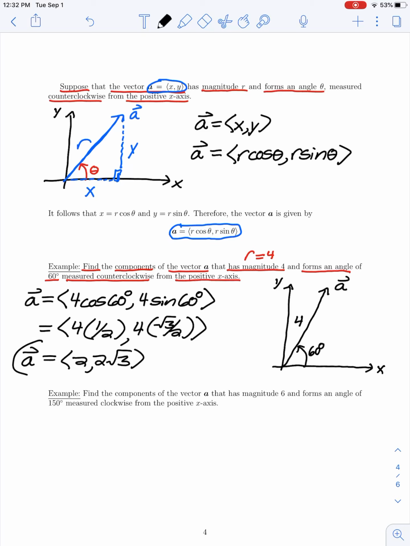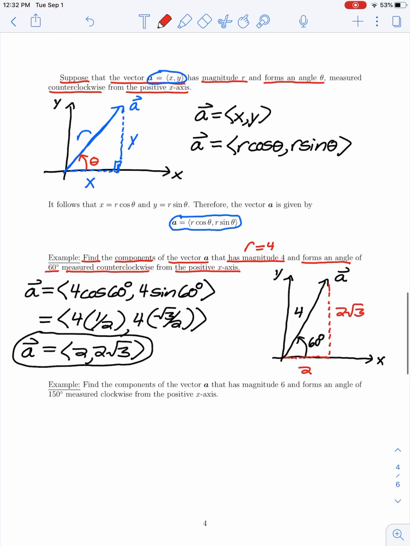And that would be our vector A. So we can describe it in terms of that magnitude or angle it forms from the x-axis, or an alternative way to describe it would be using its components, which were 2 and twice the square root of 3.